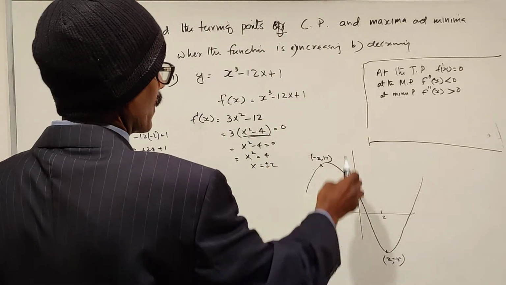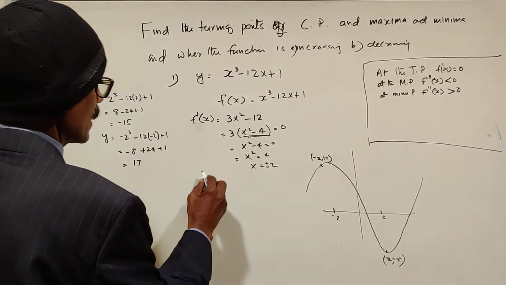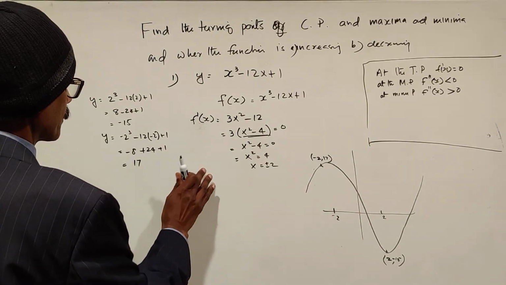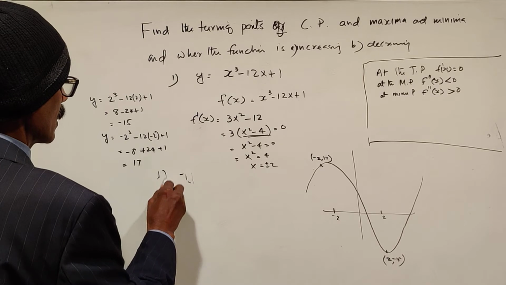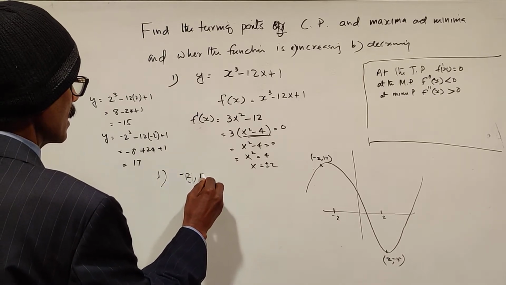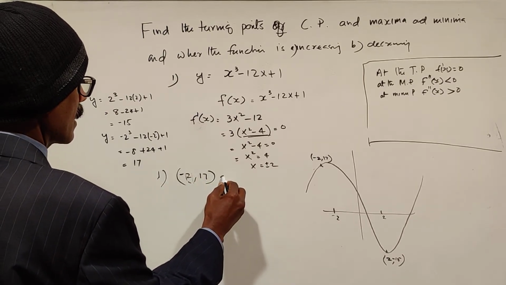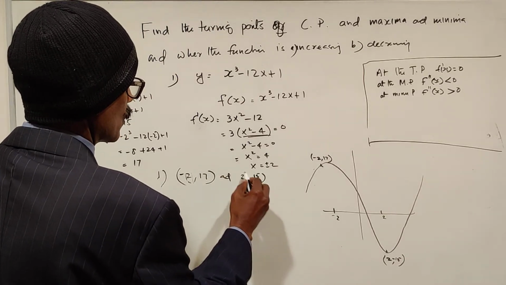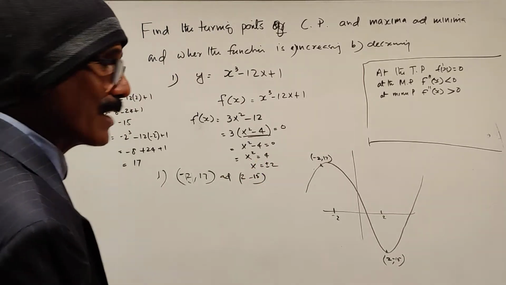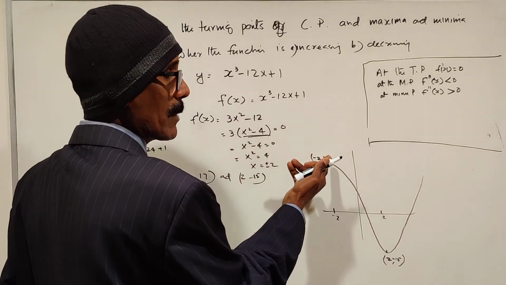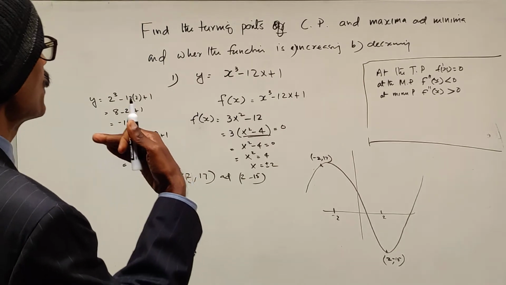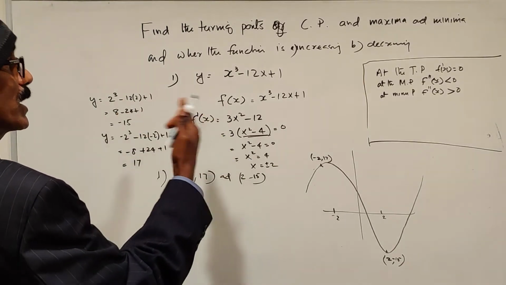Turning points we've already found: (minus 2, 17) and (2, minus 15). From the graph it is clear this is the maximum point and this is the minimum point, but we need to find out theoretically.